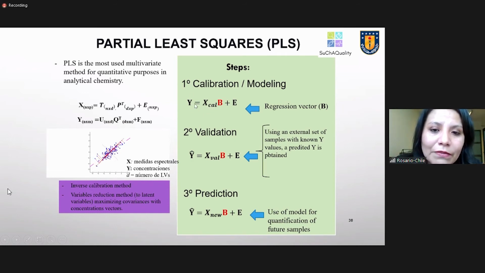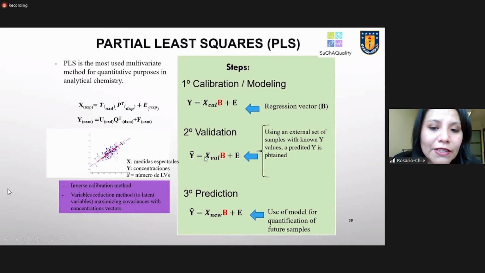Y is the dependent variable, X is the independent variable, and this is the equation we follow in order to find B. B is the regression vector and is calculated using the pseudo-inverse of X, and we can obtain B. Then we can use this B, obtained in the first modeling where we know Y and X, to analyze another validation sample.